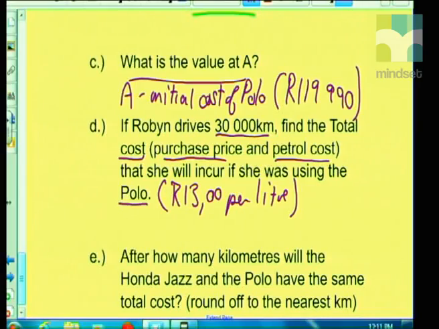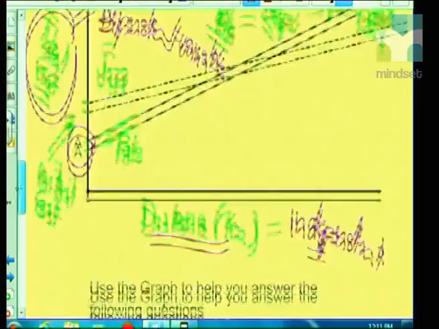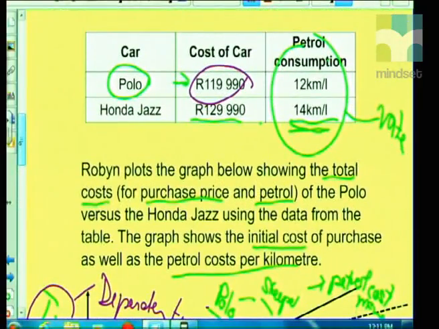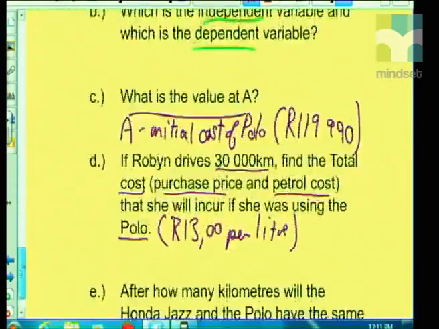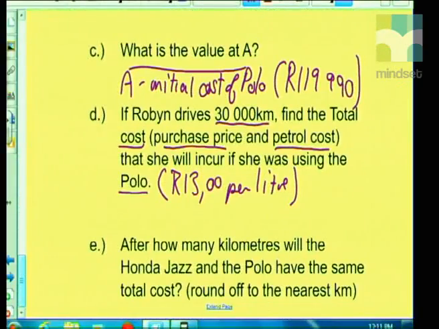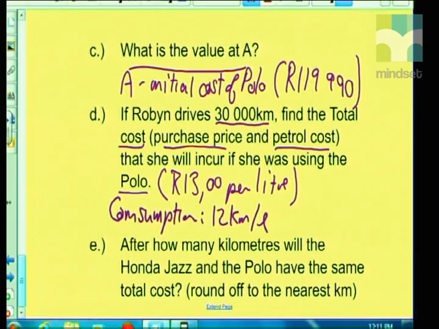So what do we know about the Polo? We know that the Polo does 12 kilometers per litre. So the consumption is 12 kilometers per litre.